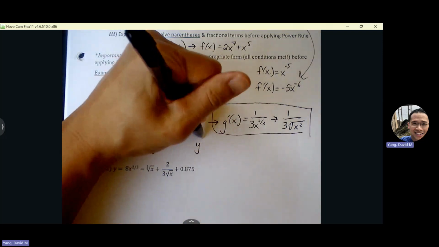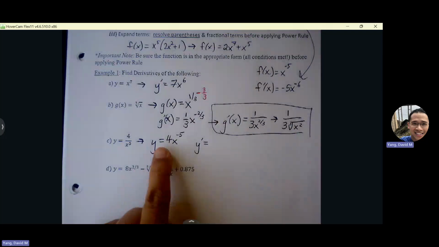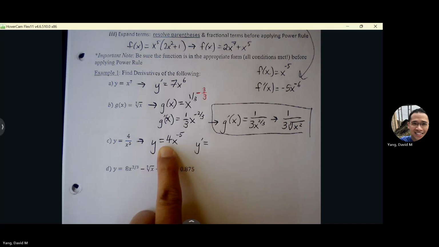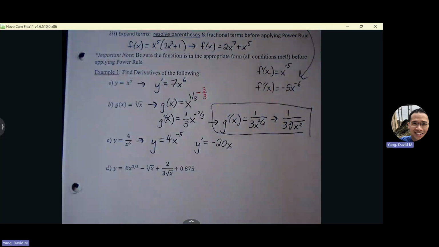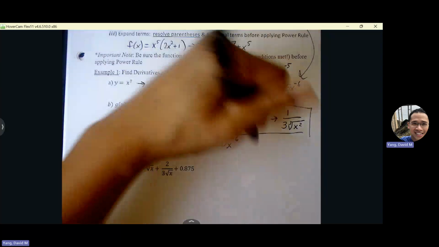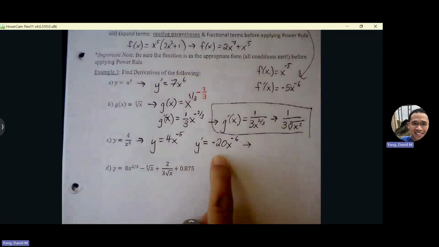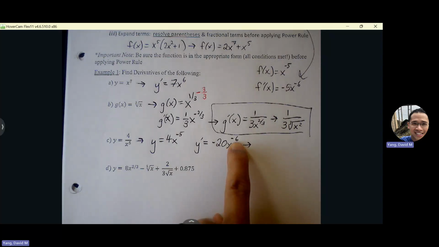So now we can say y prime is equal to, what's the derivative now? -20. Right, x to the subtract 1, so -5 becomes -6. And now that you have your derivative, the one thing I would ask you to do to clean up is resolve the negative exponent.